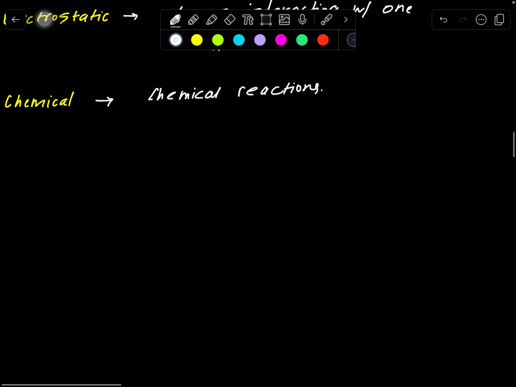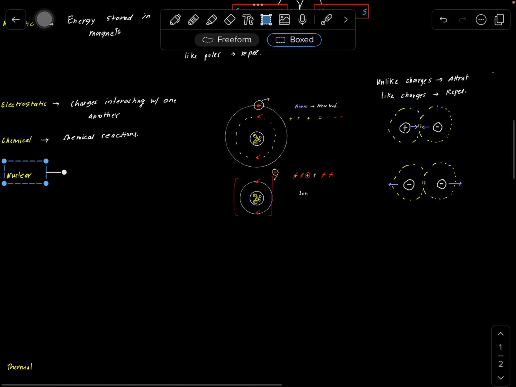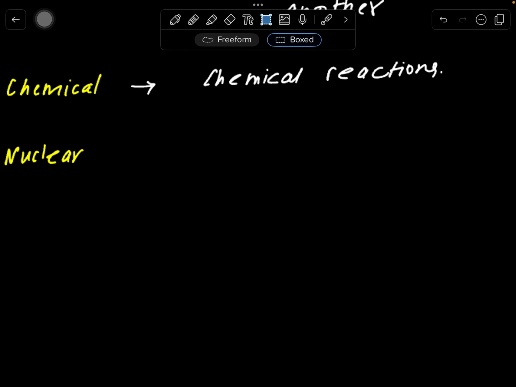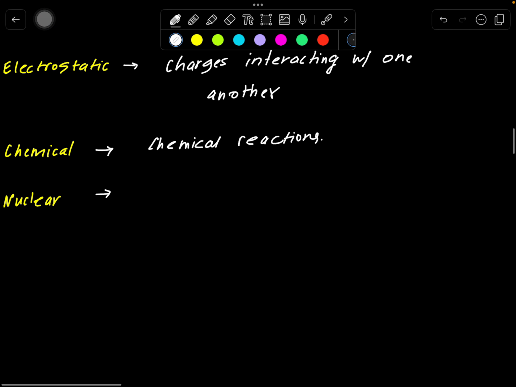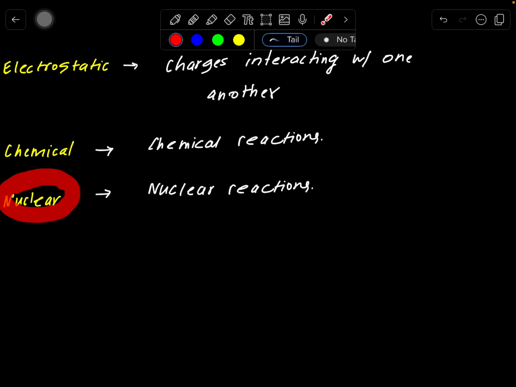Next, we have nuclear energy. Whenever there is a nuclear reaction in which the nuclei of atoms release energy, that energy is referred to as nuclear energy.